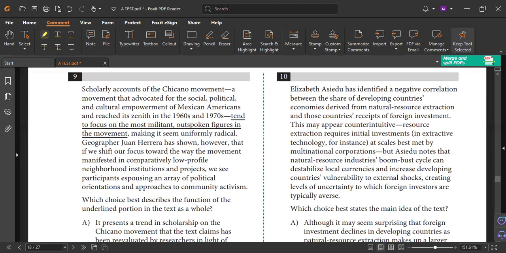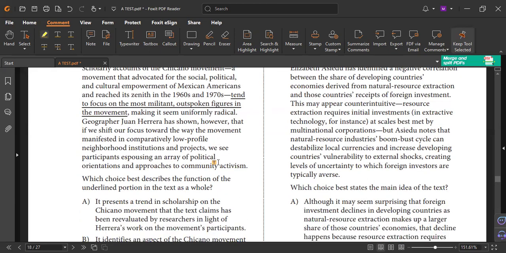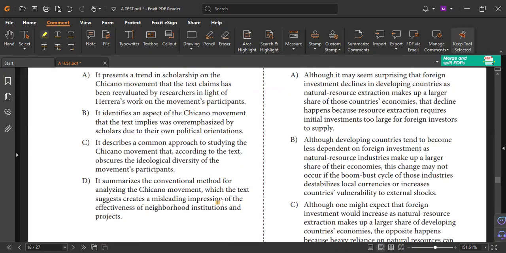Number 9 is C. Number 9, it's letter C. It is correct. Yes. Number 10 is C. Number 10, it's C, correct.